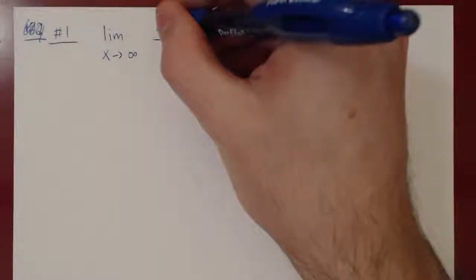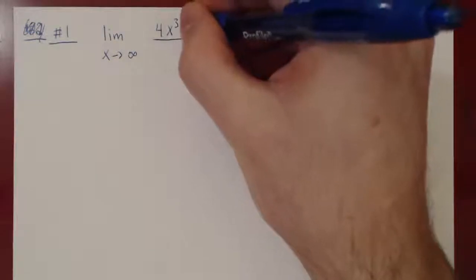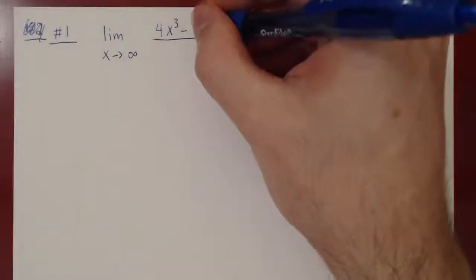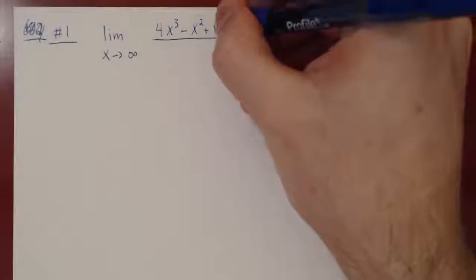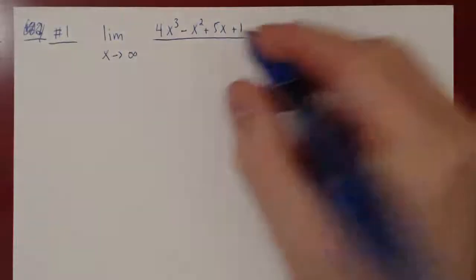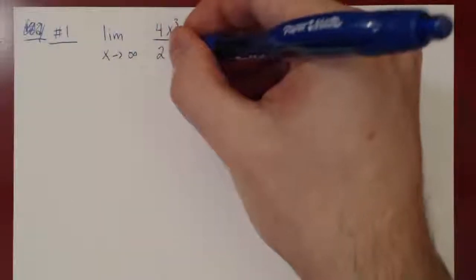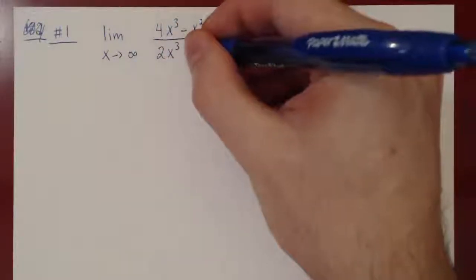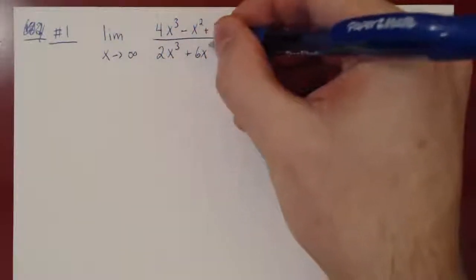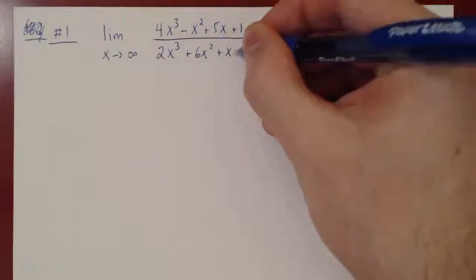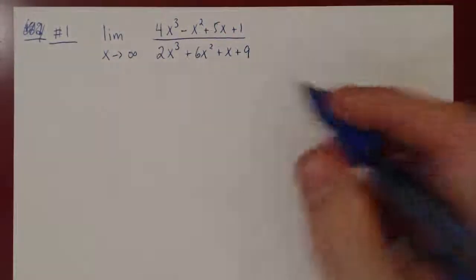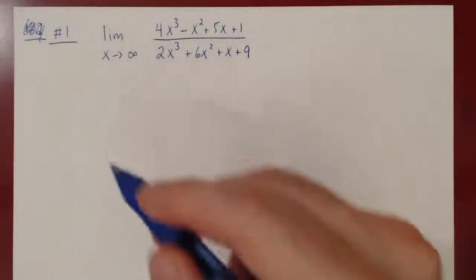Suppose we have 4x cubed minus x squared plus 5x plus 1, so one cubic polynomial, over, say, 2x cubed plus 6x squared plus x plus 9. And we're letting x go to infinity.